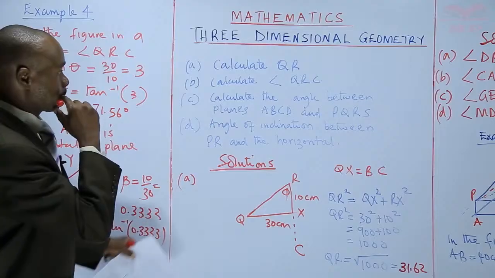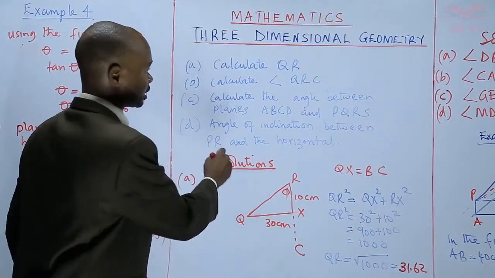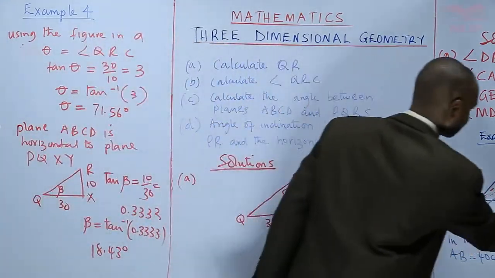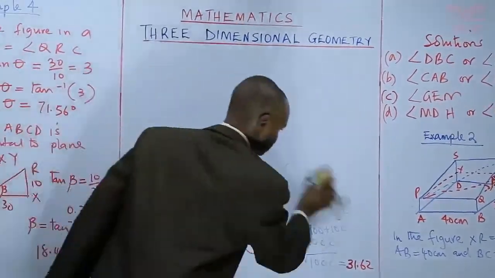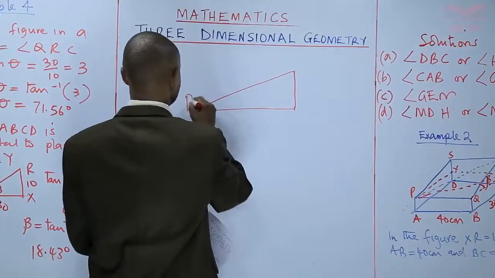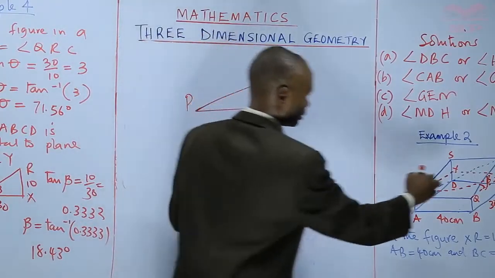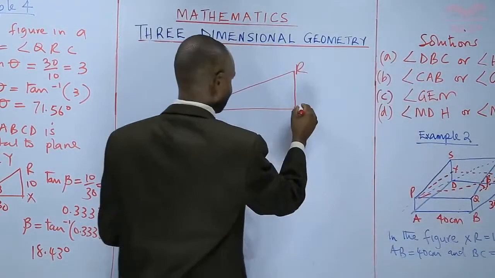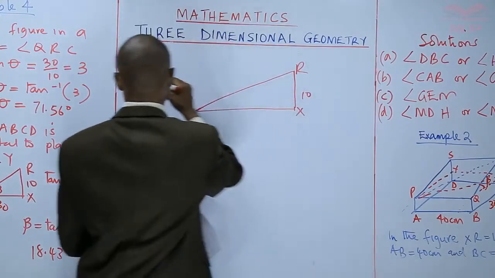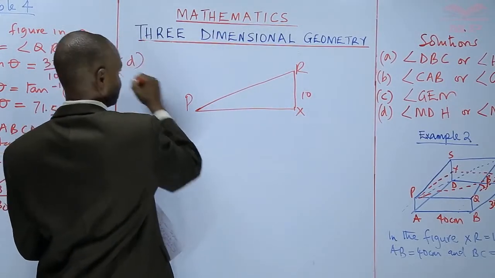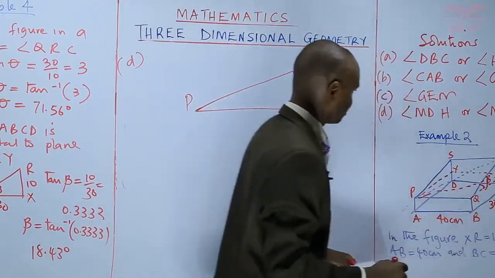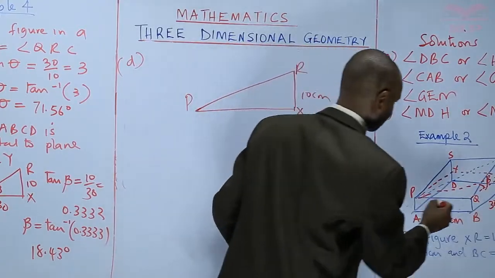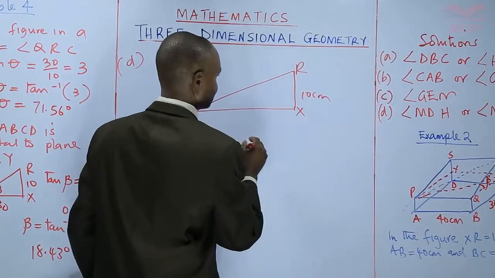That's the angle. Angle of inclination between PR, they are talking of these. So this is PR. This will be X, RX. Look, RX is 10, but I need to find PX.